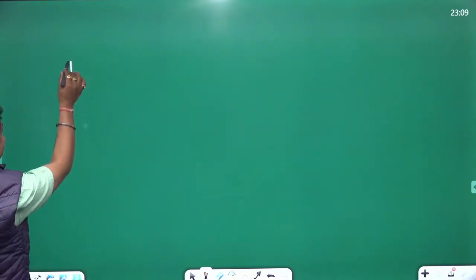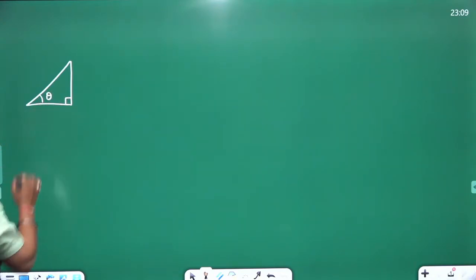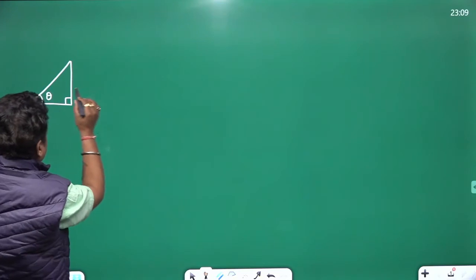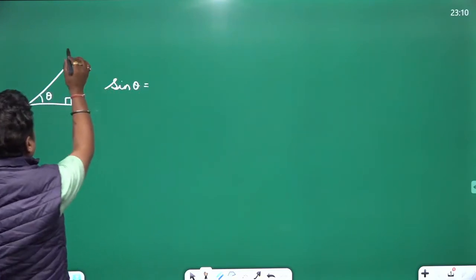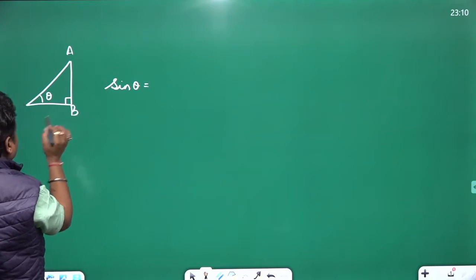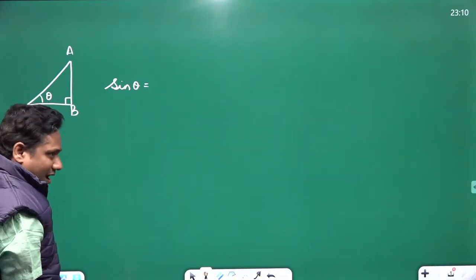Well, now we know that in this right angle triangle, if this is theta, I can say that sin theta will be equal to opposite upon hypotenuse, right?